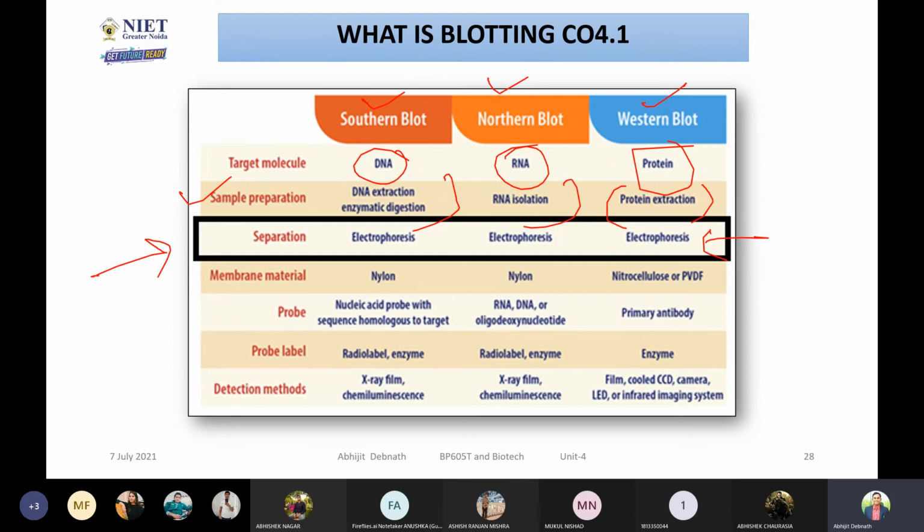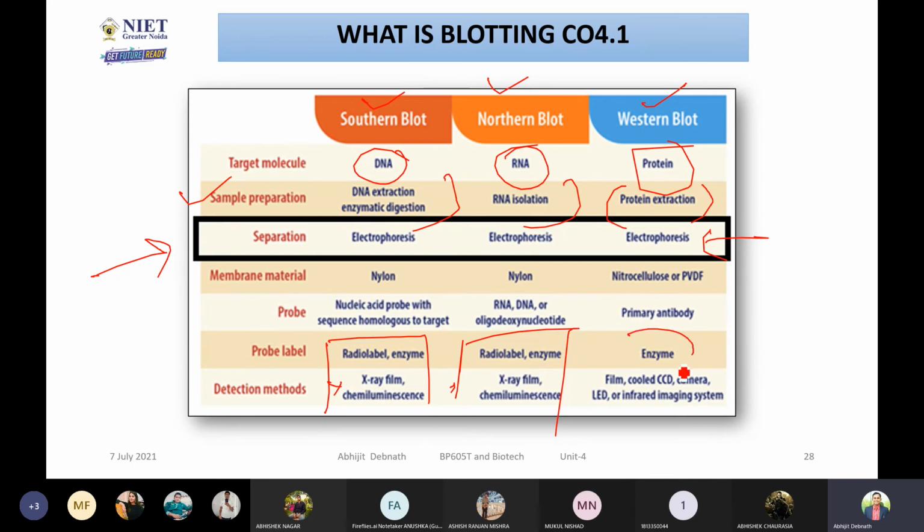You might be observing that Southern and Northern blotting are slightly similar. In Southern blotting, radio-labeled probes are used as the probe label, and in Northern blotting also, radio-labeled probes. Detection method: X-ray film or chemiluminescence. Here you are also using X-ray film and chemiluminescence.